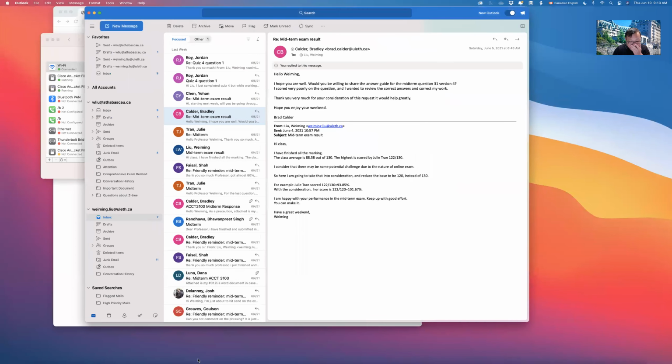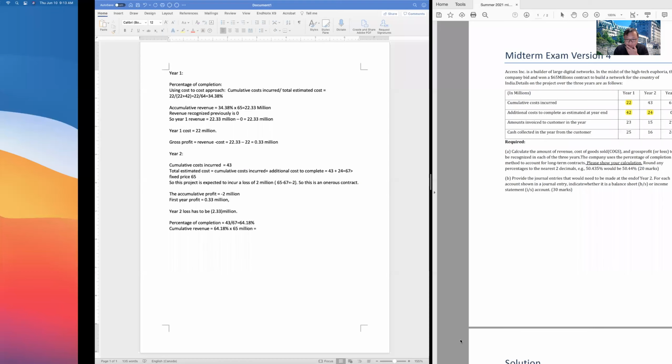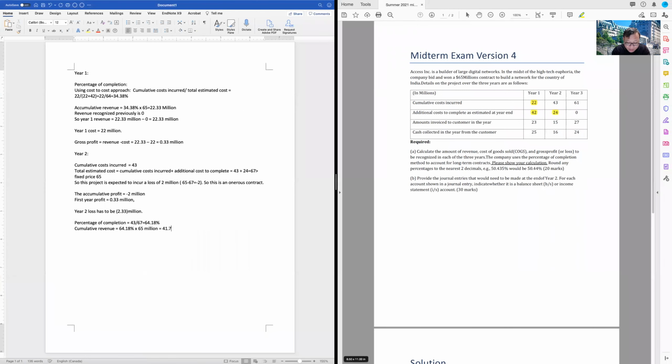So that equals, okay, just give me one second. So 0.6418 times 65. 41.72. So that equals 41.72 million. So that's the cumulative revenue. What about the year 1 revenue? We have calculated that, year 1, 22.33 million.